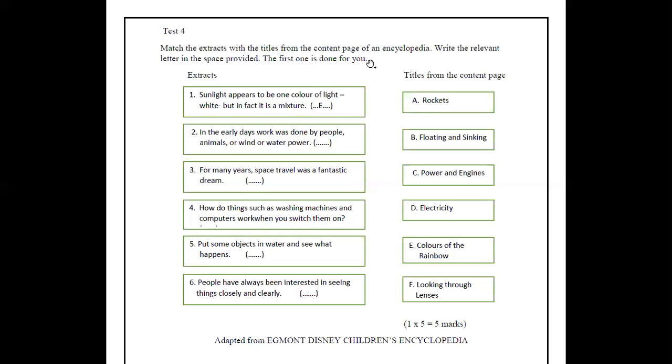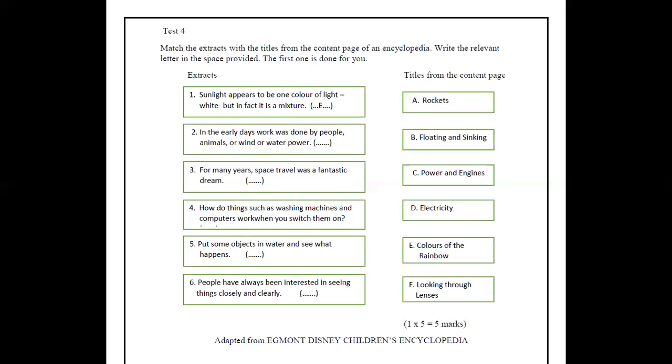That means when you are reading this, your mind is going to pop out like the rainbow. You have to remember the rainbow. Then you can refer to the titles from the content page. Yes, they have given E, colors of the rainbow. So definitely the suitable answer is E, colors of the rainbow.